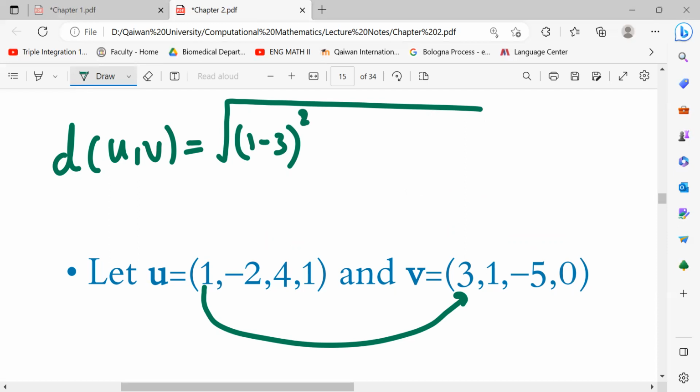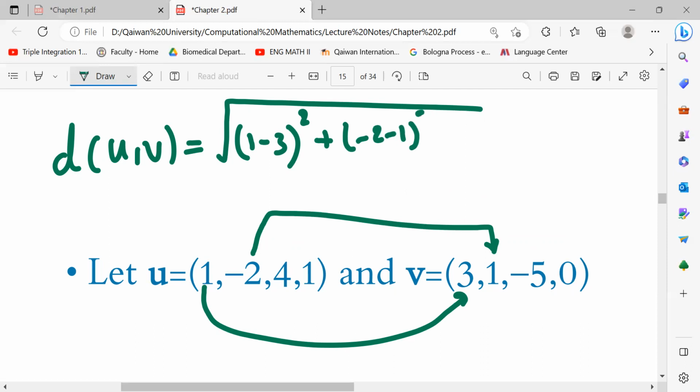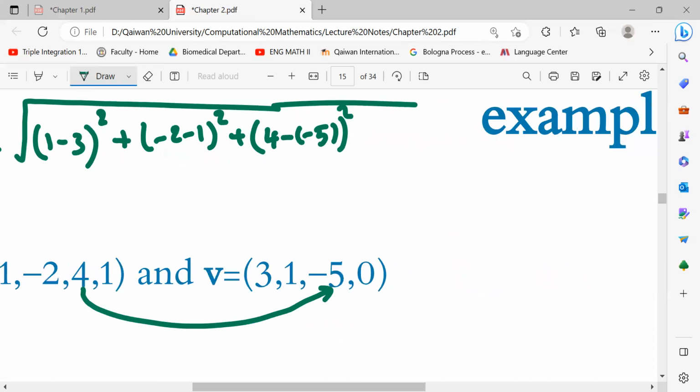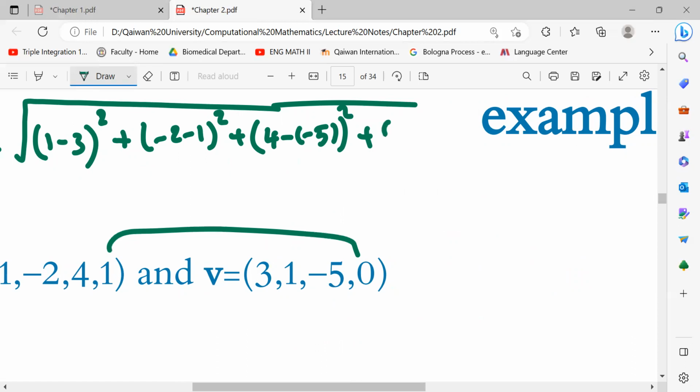It's u1 minus v1 squared plus u2 minus v2 squared. So it's -2 minus 1 squared. Then u3 minus v3 squared, 4 minus -5 squared. Then plus 1 minus 0 squared.